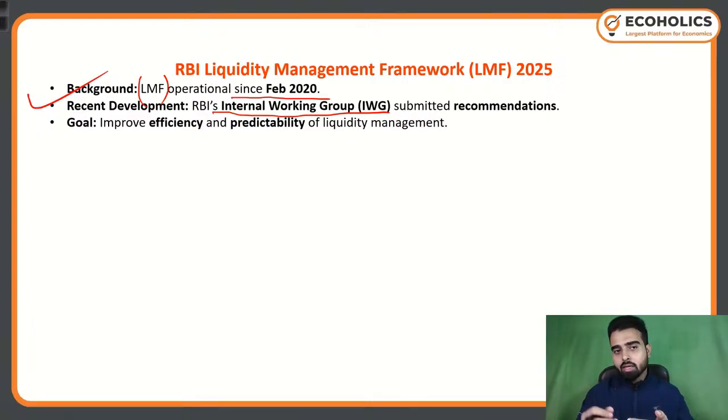This internal working group has submitted its recommendations, and the goals of those recommendations are to improve efficiency as well as predictability of liquidity management.